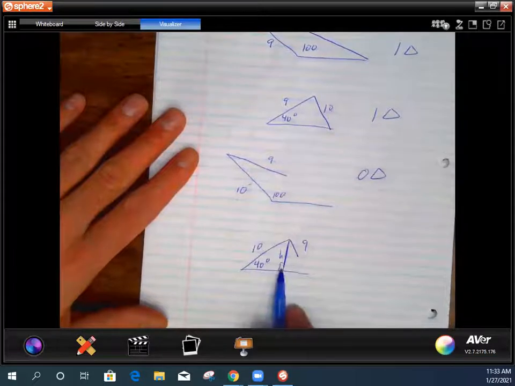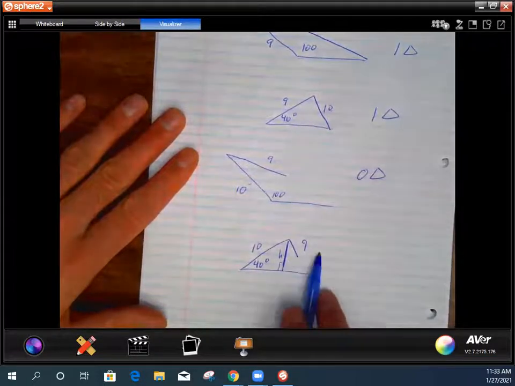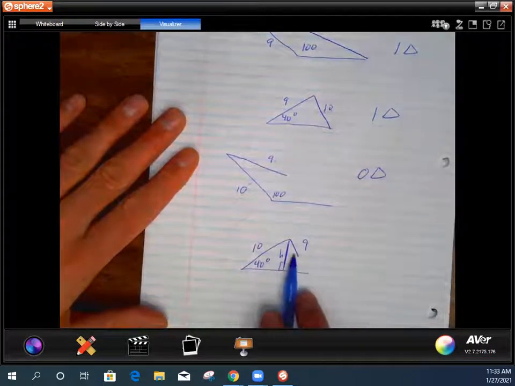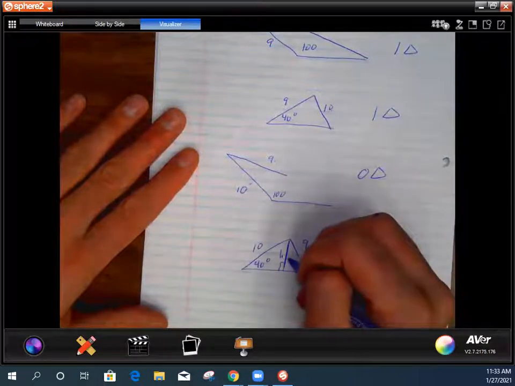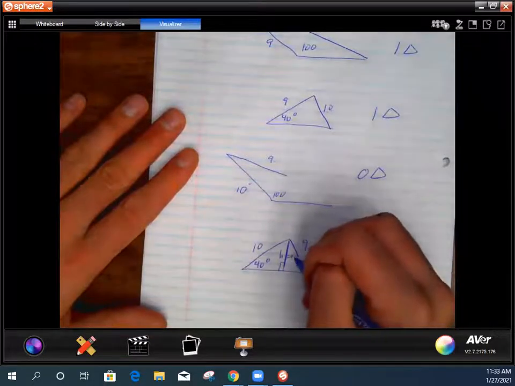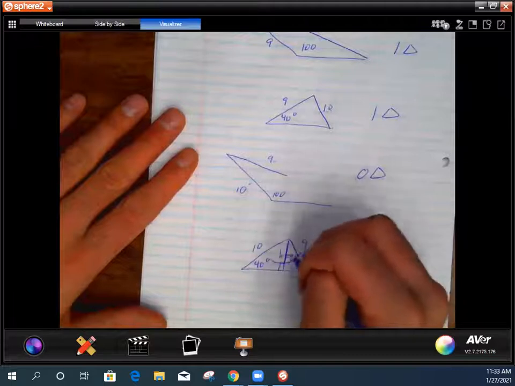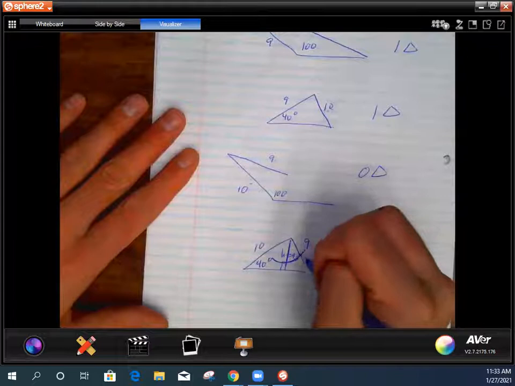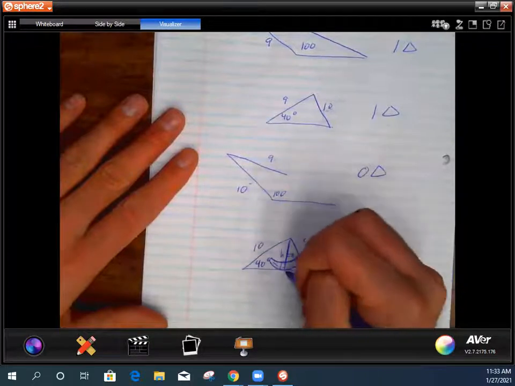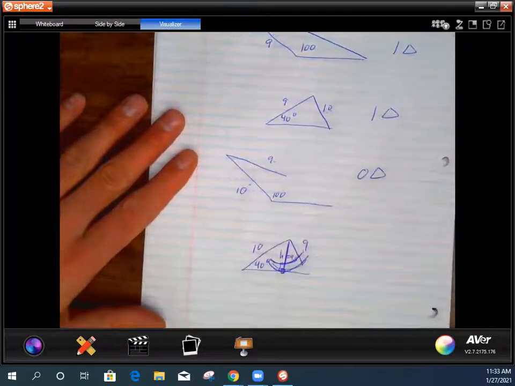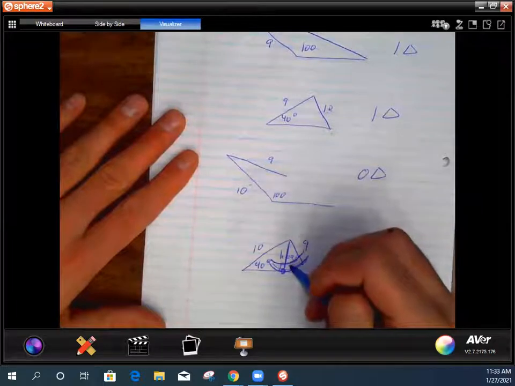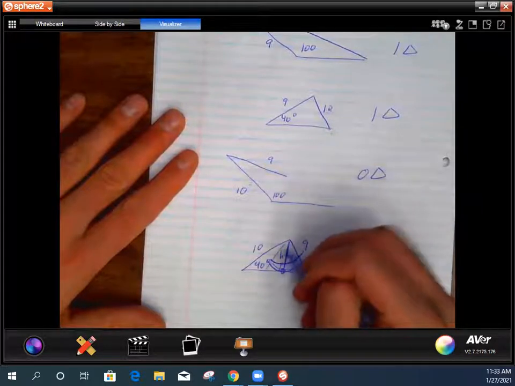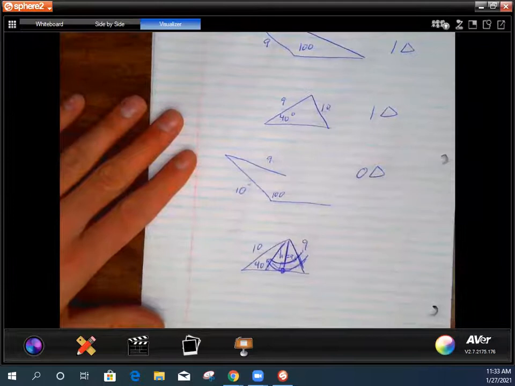And if the height is bigger than 9, then there'd be no triangles, because then this won't reach. Like if the height came out to be 9.5, this side won't reach the other side. If the height was equal, then it would reach at exactly one point and create one right triangle. And if the height was less, then that's when you have your two triangles. That's pretty much all of it.